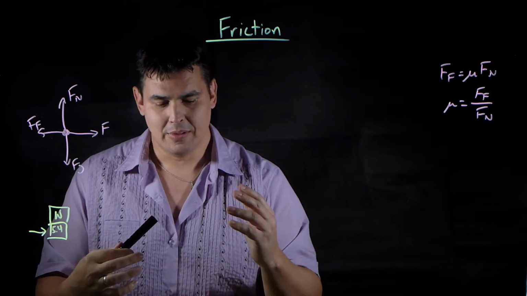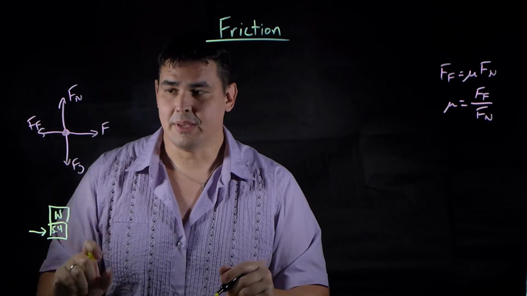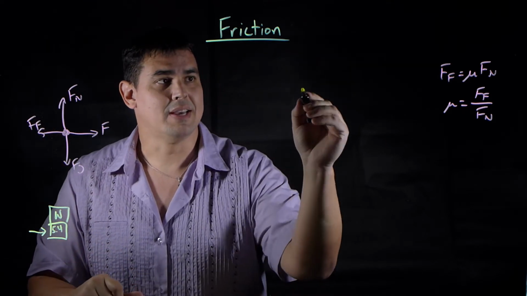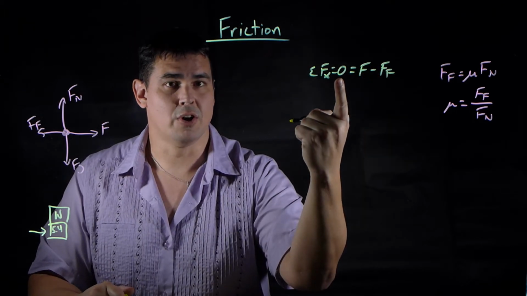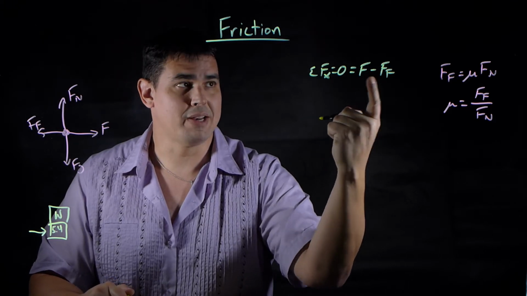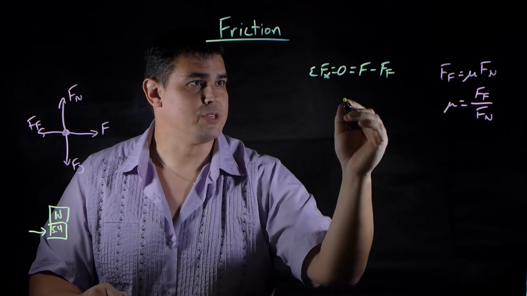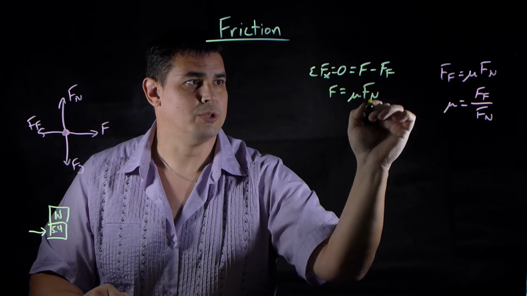I can figure this out because, again, everything's canceling out because this thing is being pushed at a constant velocity. So I can say the net force in the x direction is zero, and that's equal to the force I push minus the frictional force. I know frictional force is mu Fn, so F has to be equal to mu Fn.